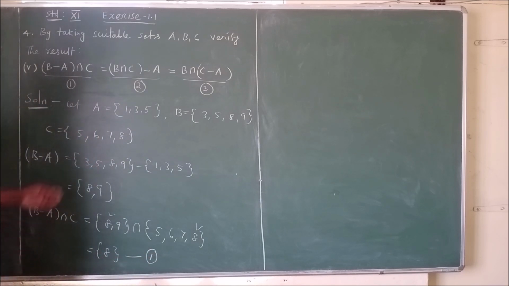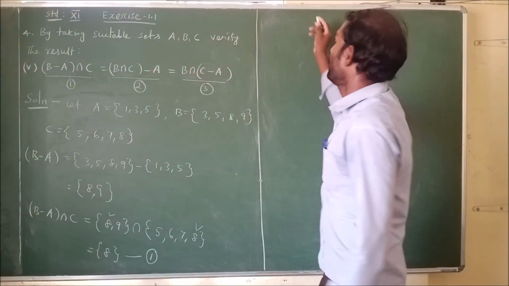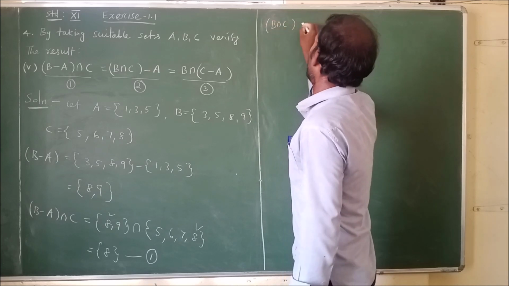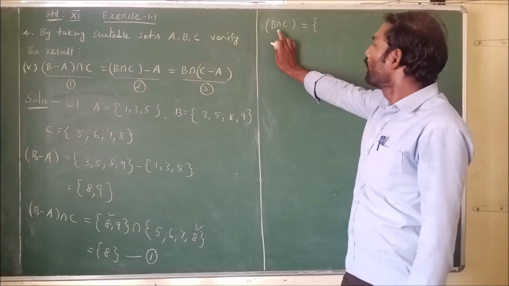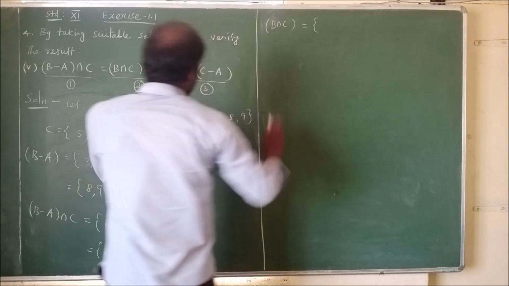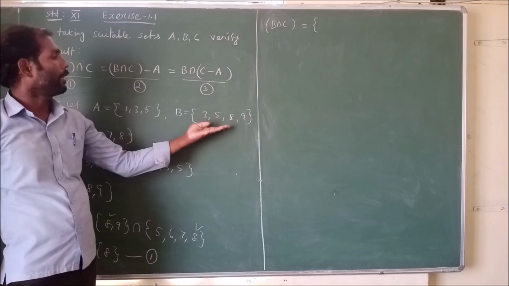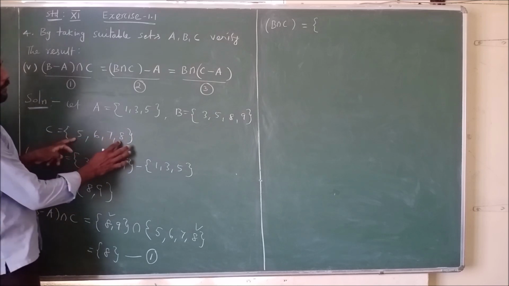Second, we have to find B intersection C. B intersection C is nothing but the common elements in B and C. B is 3, 5, 8, 9, and C is 5, 6, 7, 8.